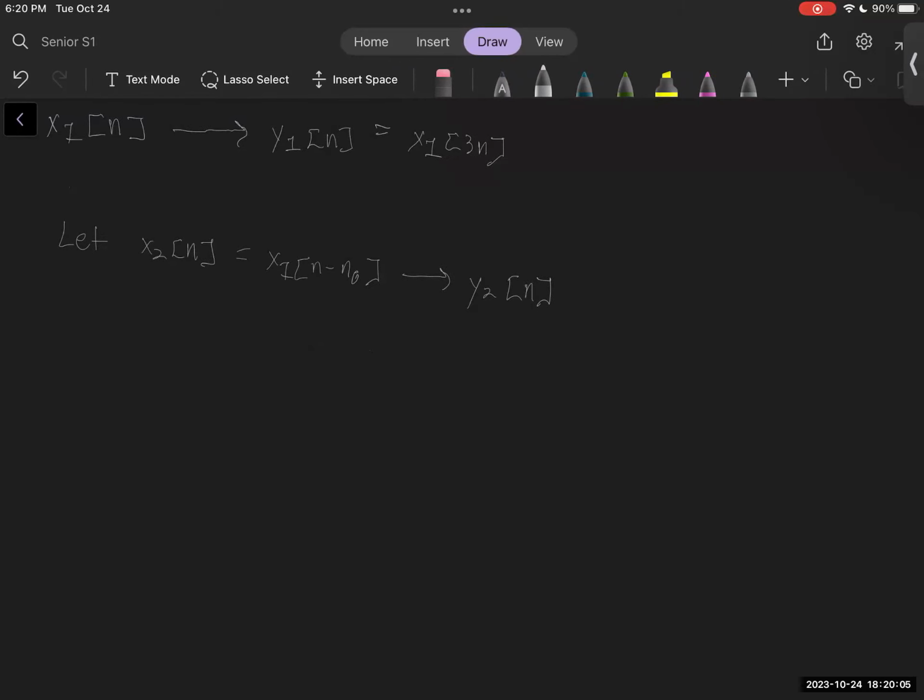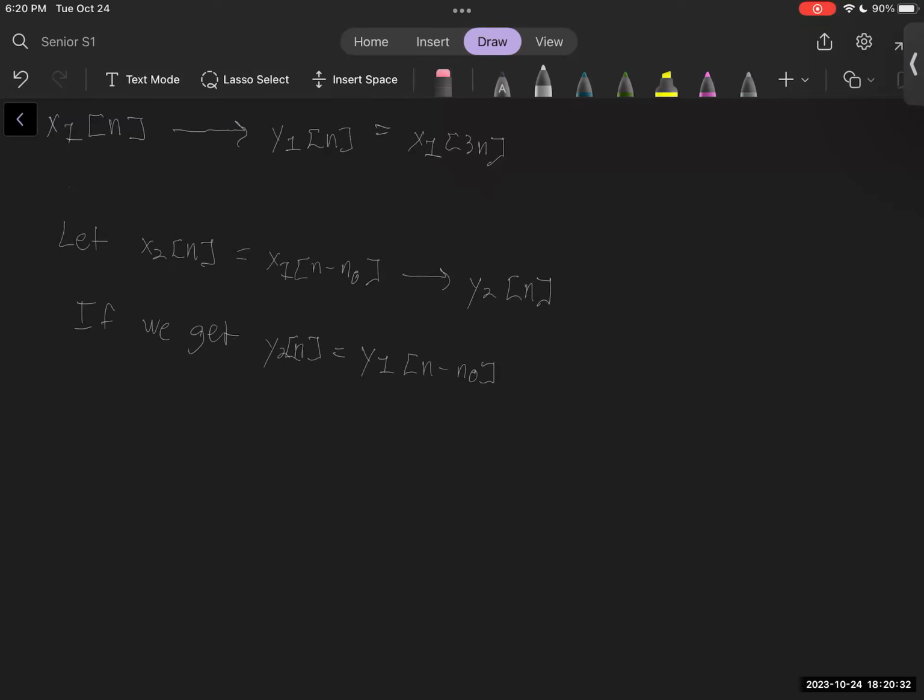And then if y2 of n is equal to y1 of n minus n naught, the system is time invariant.